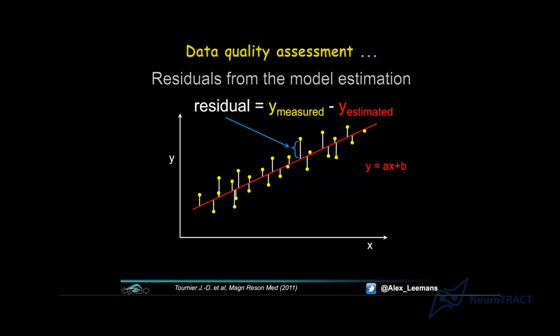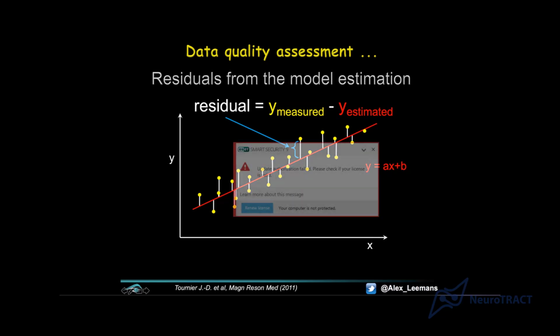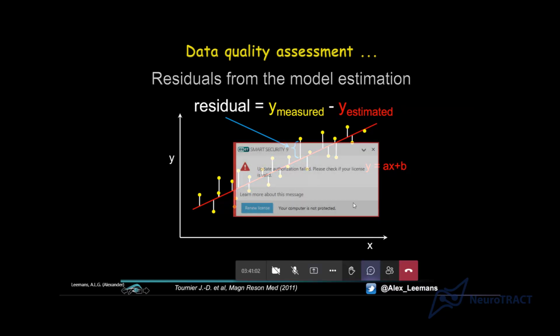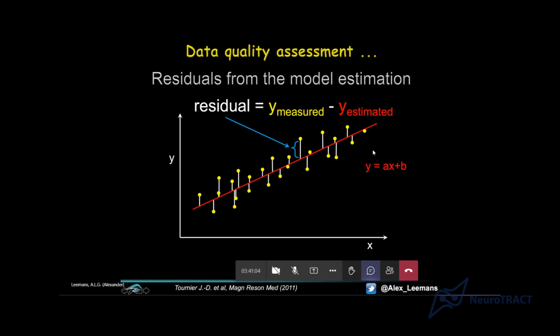So you've got a model, you've got measurements, you can compute A and B from these measurements. Once you've got A and B, you can enter the X values to get your Y values. And if you subtract those from your measurements, then you have your residual. Okay? Well, with diffusion MRI, we've got exactly the same thing.